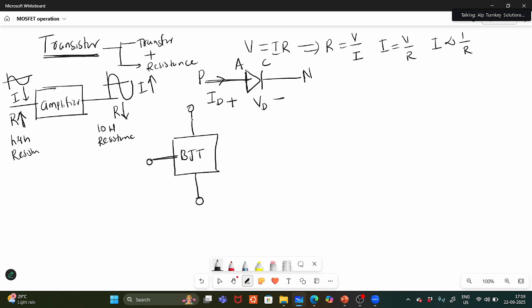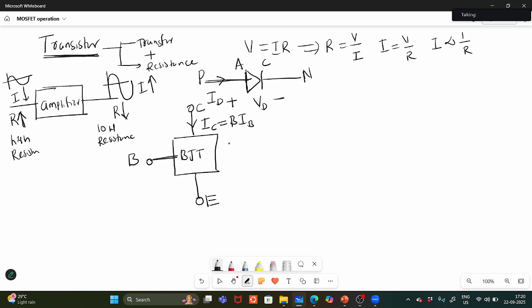Just for understanding purposes I am telling BJT, but here in VLSI we are not studying BJT. You have the input terminal base, this is the collector, and this is the emitter. Here you have collector current IC equal to beta into IB.